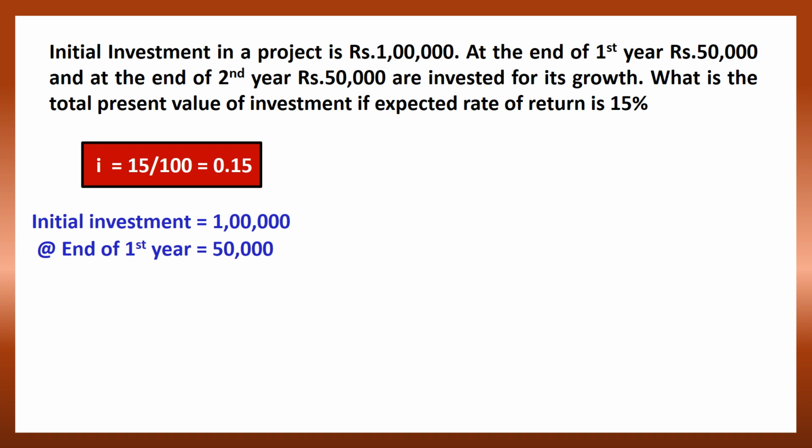Now the same problem can be solved using another method. Here we have solved using this formula. PV is equal to FV divided by 1 plus I raised to n. Instead of using this formula, the present value factor table can be used to solve these problems. All the problems solved in this video can be also solved using the present value factor table.